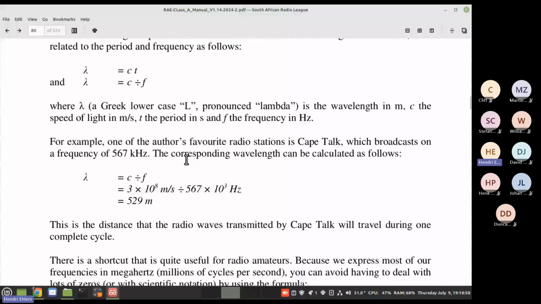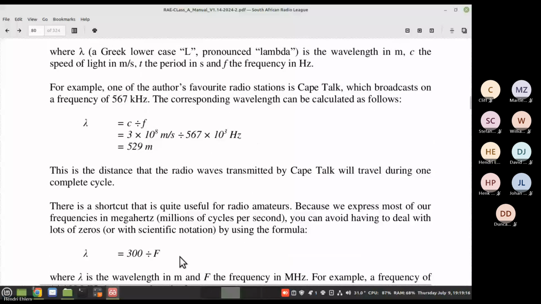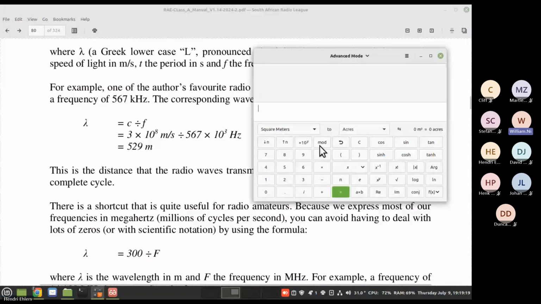For example, one of the author's favorite radio stations is Cape Talk, which broadcasts on a frequency of 567 kilohertz. The corresponding wavelength can be calculated as follows. Lambda, that's the wavelength, equals the speed of light divided by frequency.